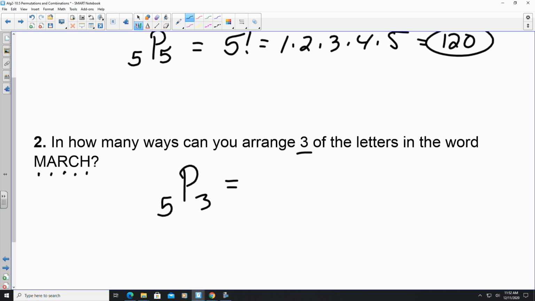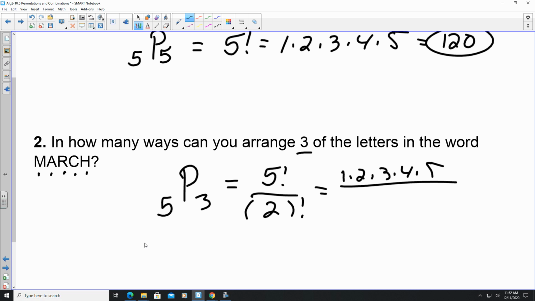So this is going to be 5 factorial on the top, using the formula, divided by n minus r, which is 5 minus 3, which is 2 factorial. On the top, 1 times 2 times 3 times 4 times 5, divided by 1 times 2. Those cancel, so all I have to multiply is 3 times 4 times 5. I get 60.